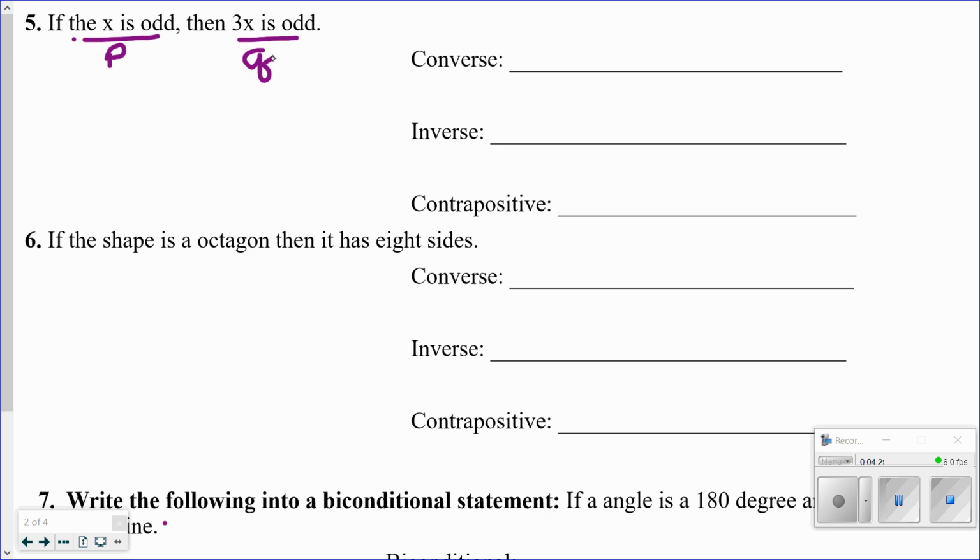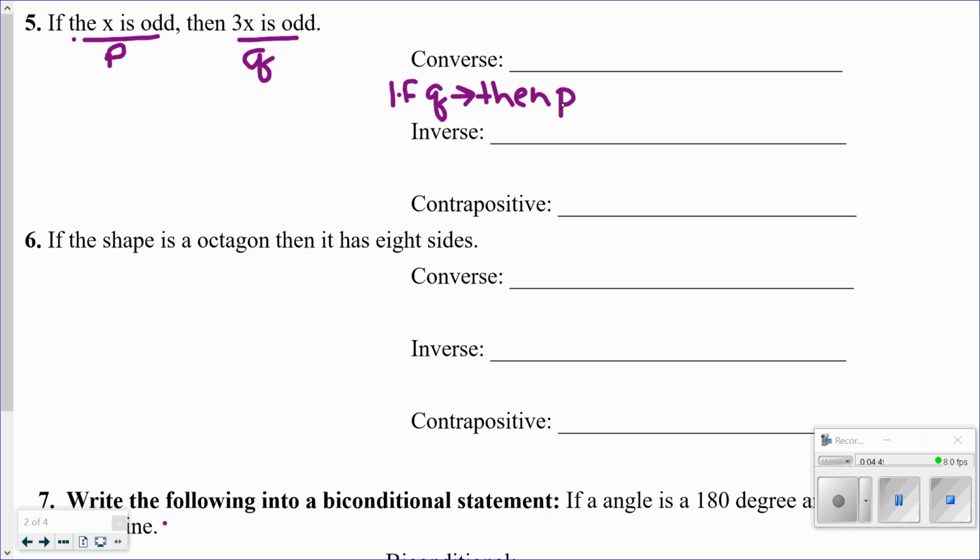So the converse is if q, then p. So I'm taking my conditional statement and flipping it around. So I'll write that down. If q, then p. I'm going to apologize ahead of time for my handwriting.